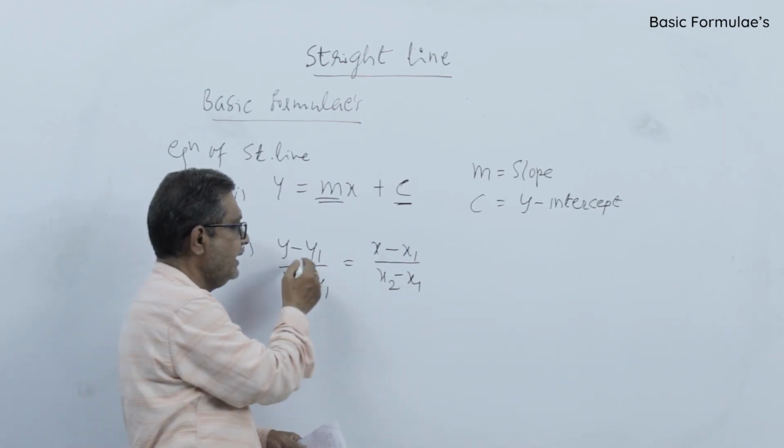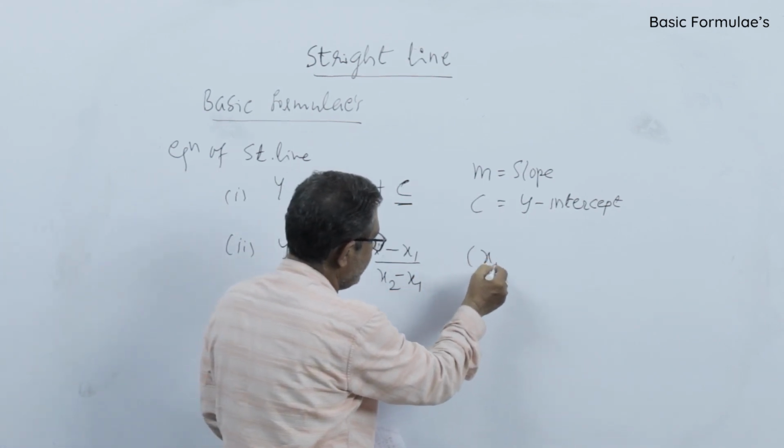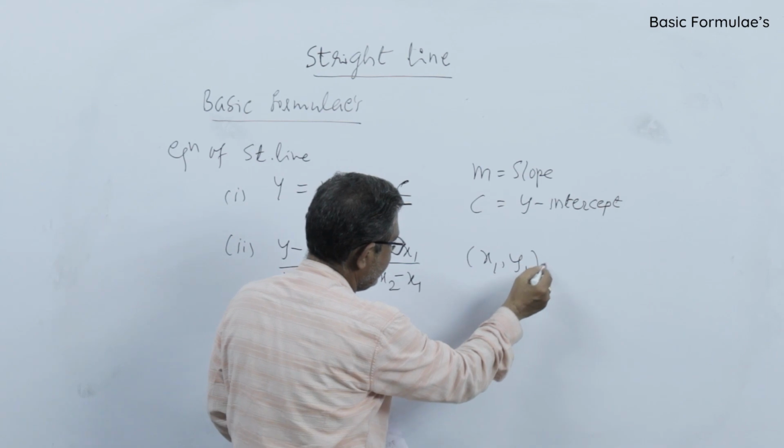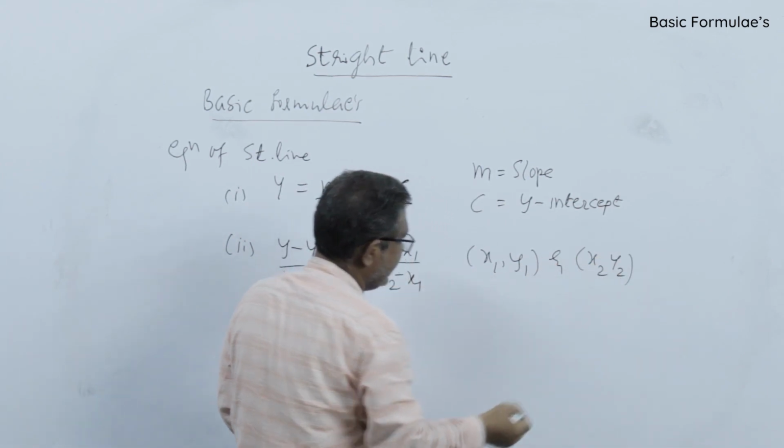This is the equation of the straight line joining the 2 points x1, y1 and x2, y2.